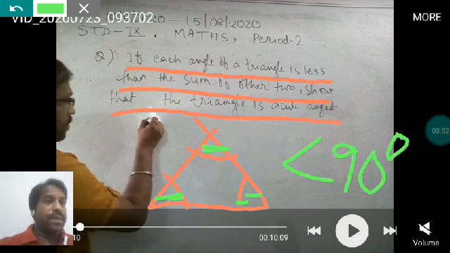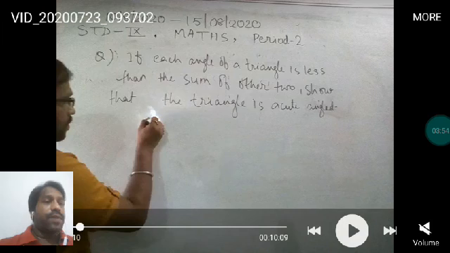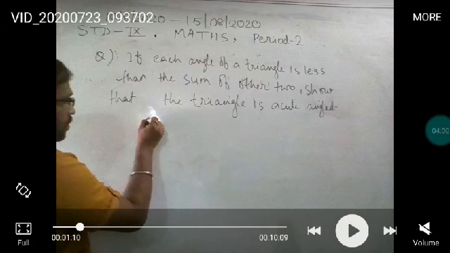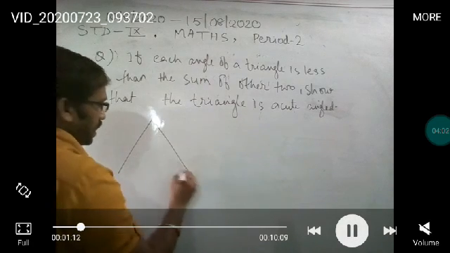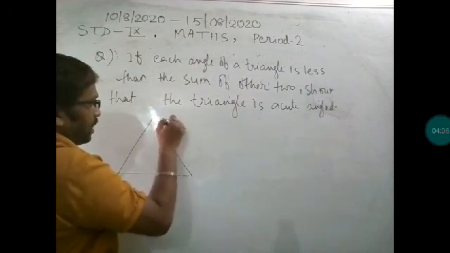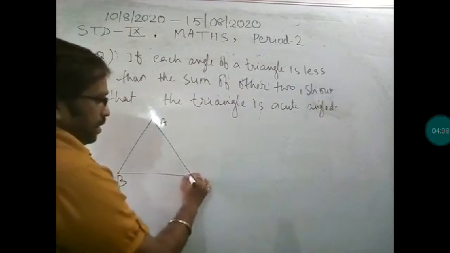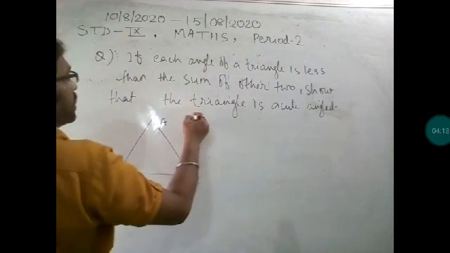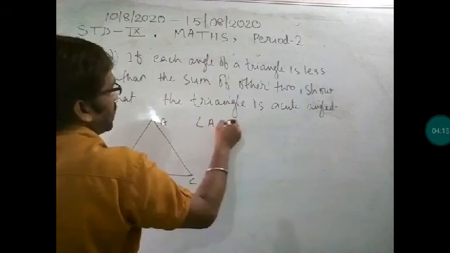So let us see here in this video what we have done. I will draw one figure of the triangle. Then this will be angle A, angle B, and angle C. This is very important: first of all, you draw the figure, and then write the given condition.